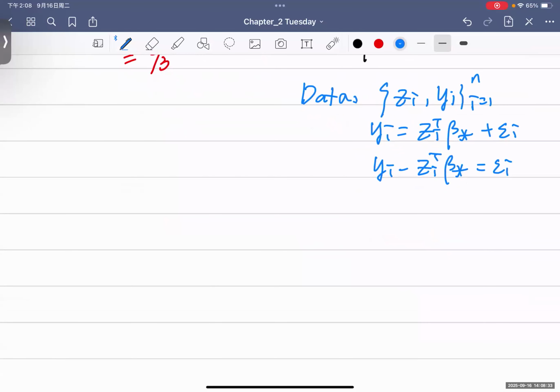And now I have the n data. I can calculate the probability that epsilon i equals this term. We just want to estimate beta star. Now I treat this one as unknown, and I try different betas. So what is the probability of epsilon i? Epsilon i itself follows a normal distribution, and here is its density function.